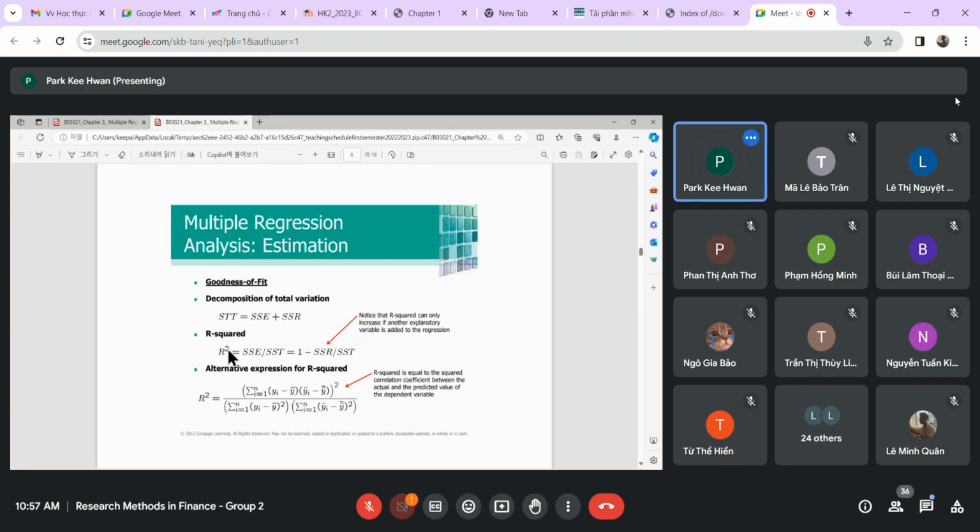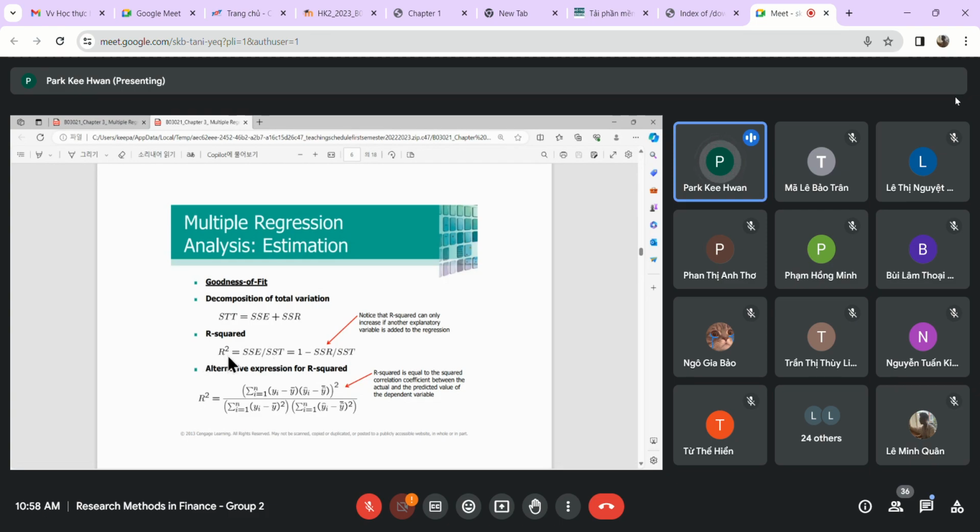Then we have a statistic which we call R square. The R square statistic measures how well your regression explains the variation in y. We define R square as the fraction of explained variation to total variation.